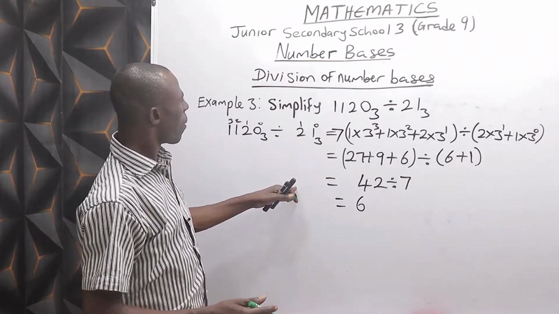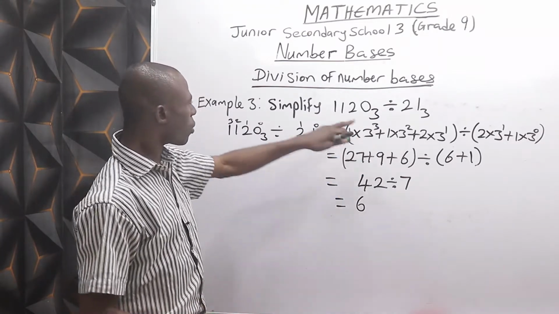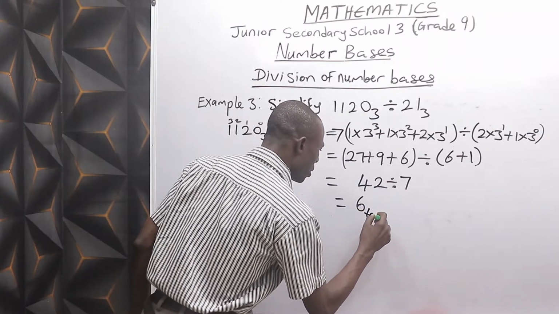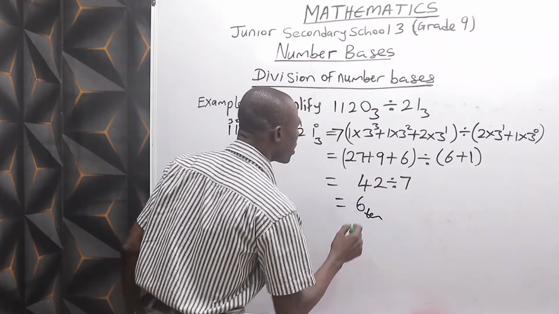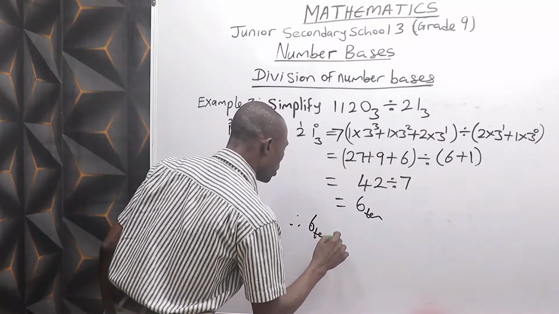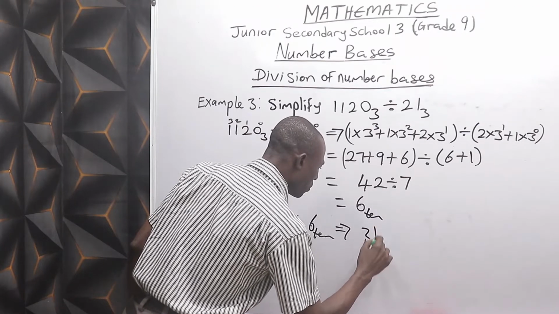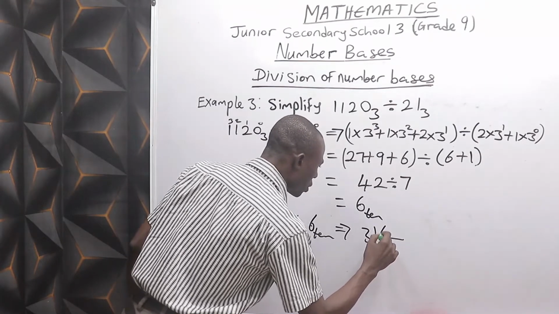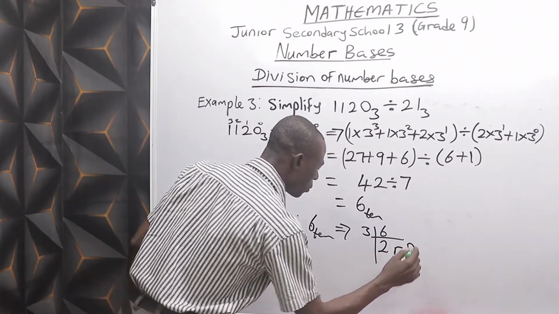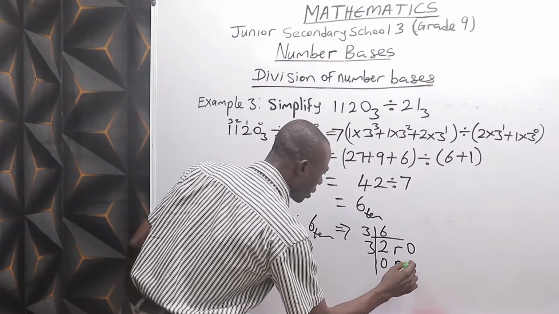But this division is done in base 10, and we are to do it in base 3. So we convert this 6 base 10 to base 3. Therefore, 6 base 10 equals 3 into 6. 3 in 6, that is 2, remainder 0. 3 in 2 is 0, remainder 2.